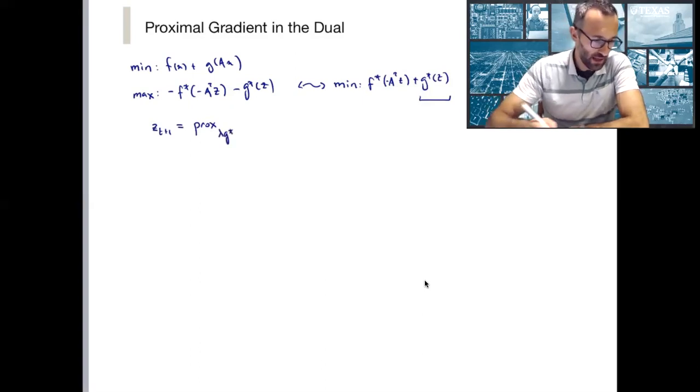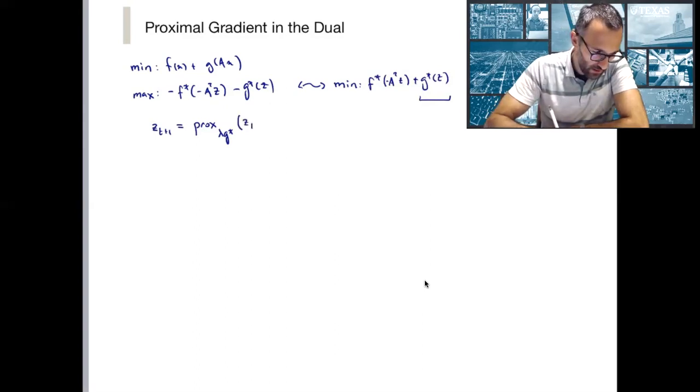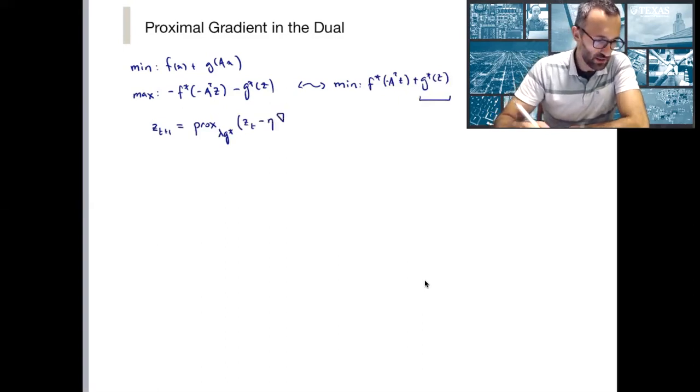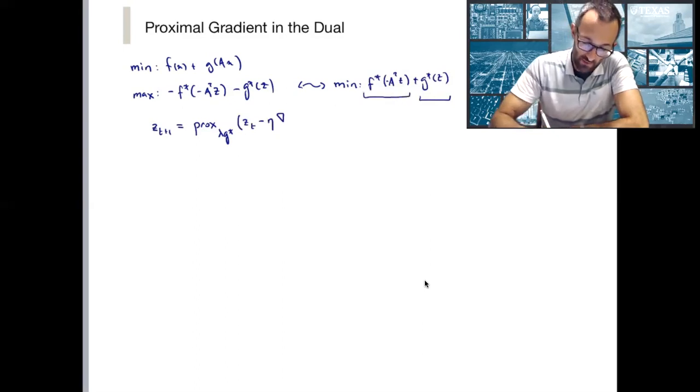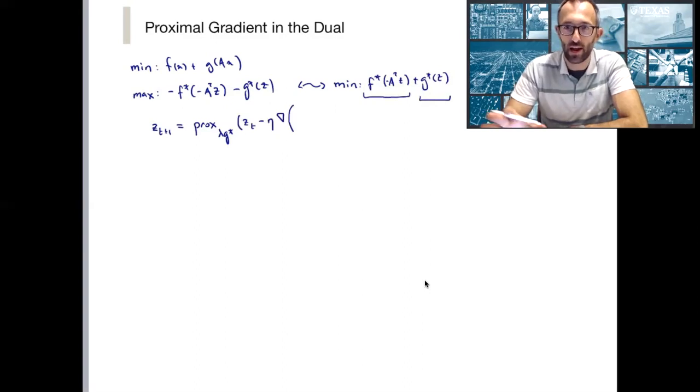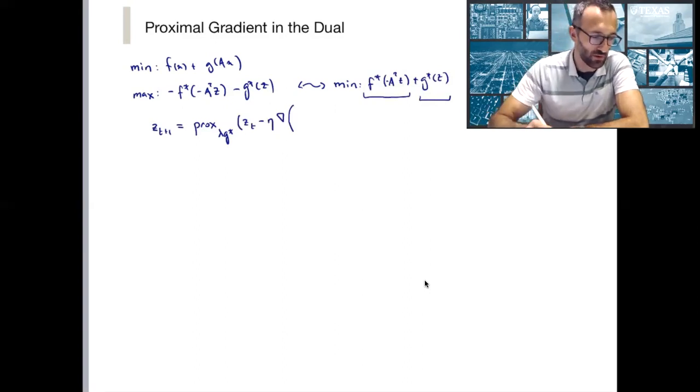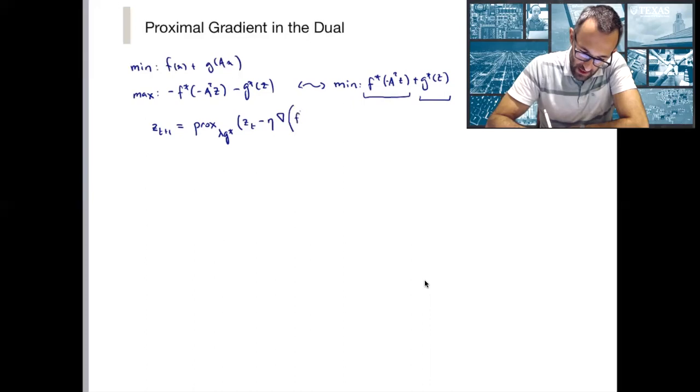Prox of lambda g star times z t minus eta times the gradient of our function f. I'll write parentheses to make sure it's clear that I haven't done the chain rule: f star of minus A transpose z.